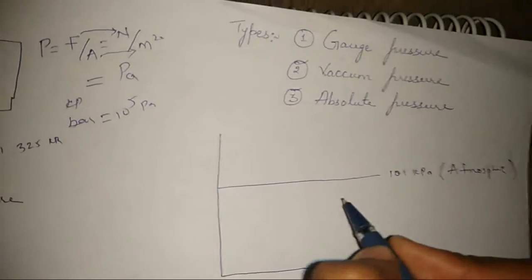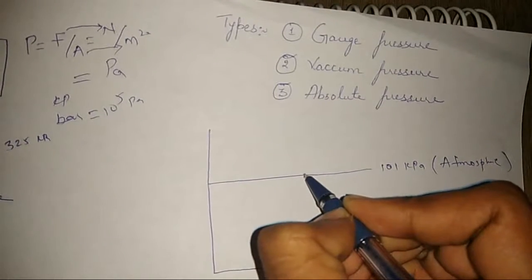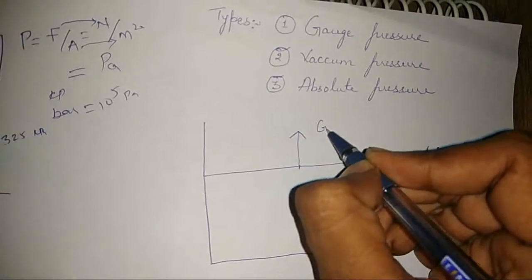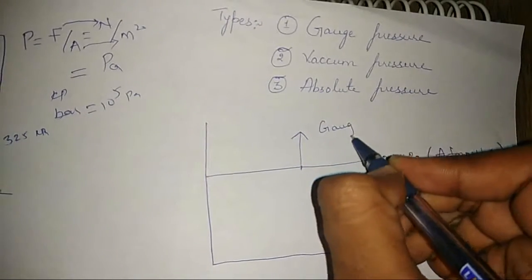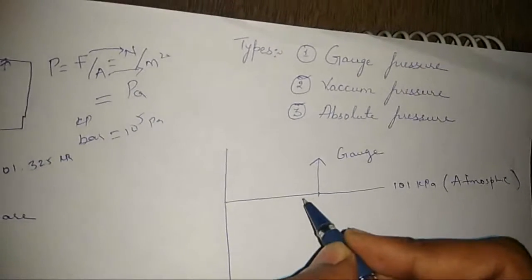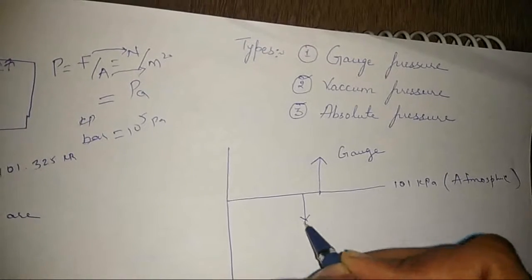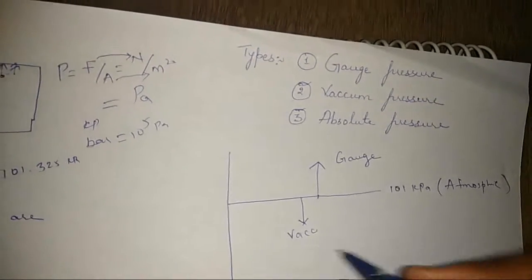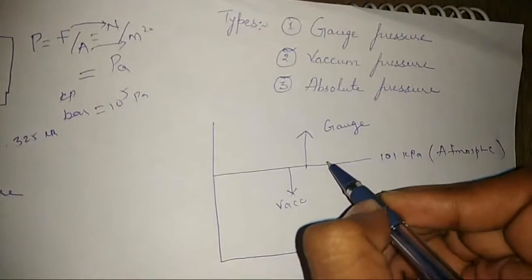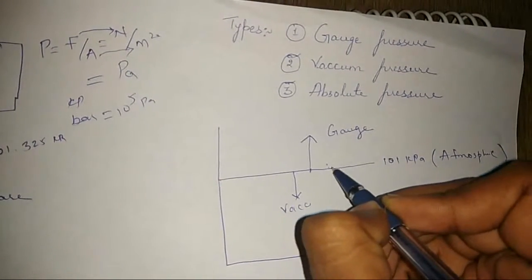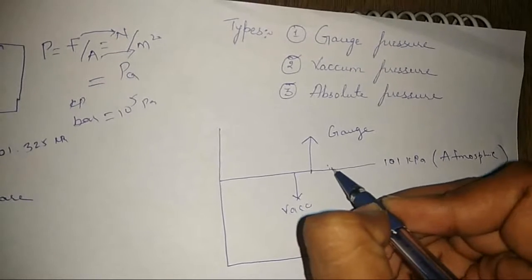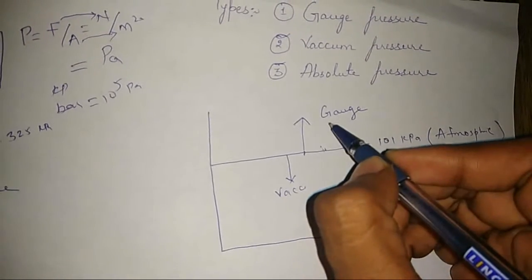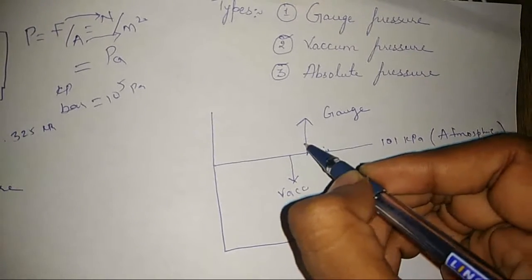Now if we measure the pressure above this reference line, we term it gauge pressure. If we measure the pressure below this reference line, we term it vacuum pressure. The meaning of the reference line is that we are taking this as the origin, and we measure above it as gauge pressure.